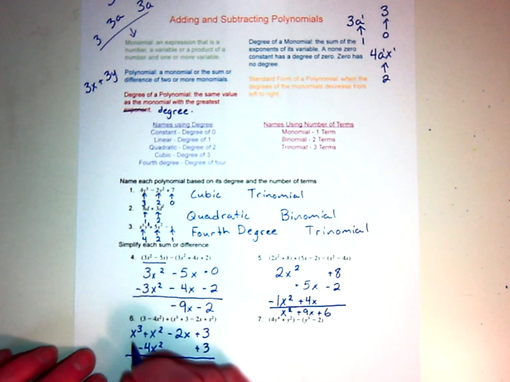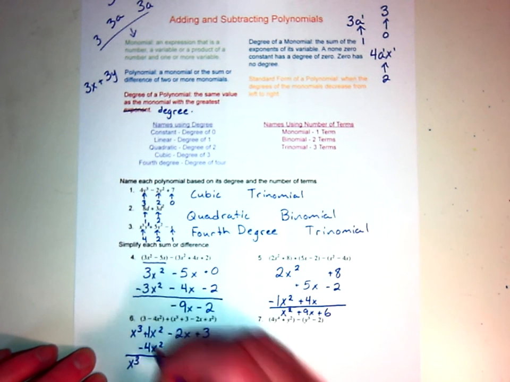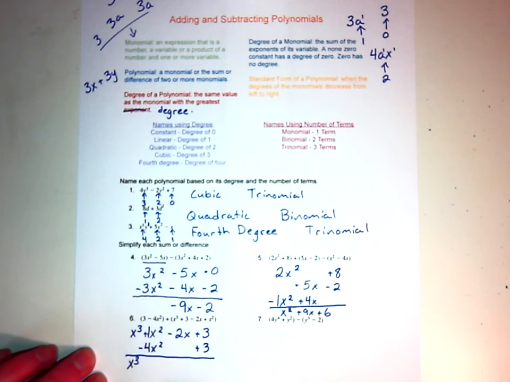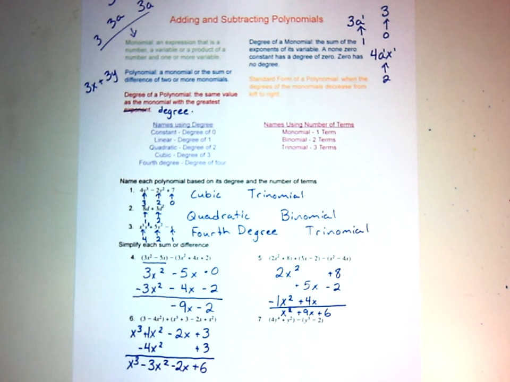So I end up getting, well, I'm not adding or subtracting anything to that, so it remains the same. This would be 1x squared minus 4x squared. Well, that's going to be negative 3x squared minus 2x. Right, nothing's happening to that one, so it stays the same. Plus 6. 3 plus 3 is 6. There we go. Okay, let's see, number 7.